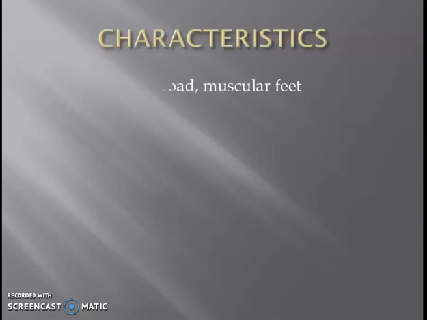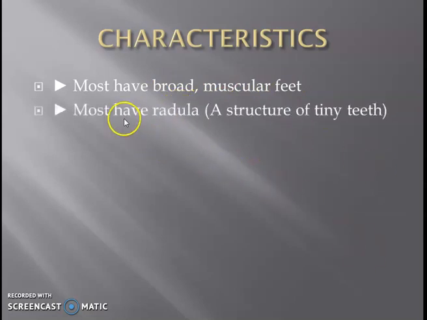Here are some characteristics of molluscs. Most have broad muscular feet. Most of them will have it. They have feet as well, and they have a radula. Radula means a structure of tiny teeth. Mostly in invertebrates, the tiny teeth are termed a radula.